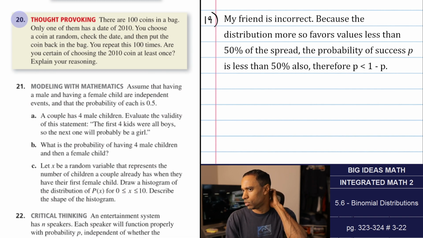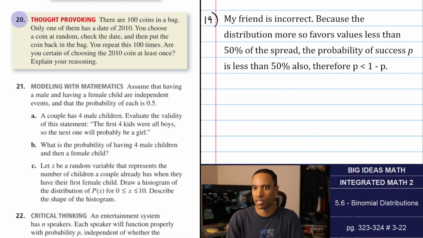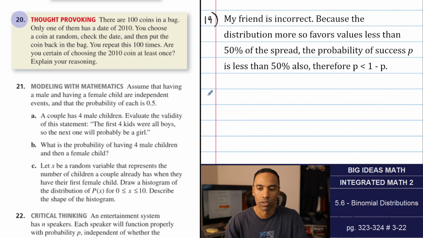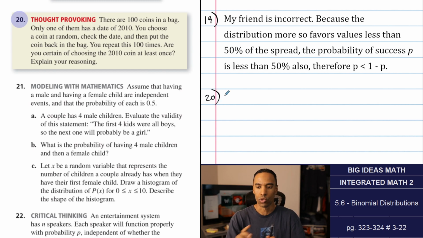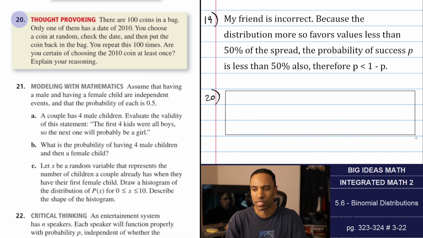No. No, you could... In fact, that chance is a 1 out of 100 chance. But no. Absolutely not. You could choose it every time, but that probability is low.